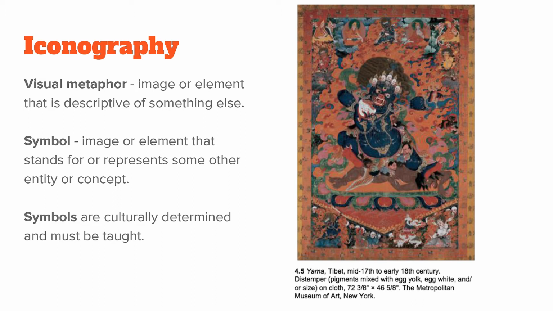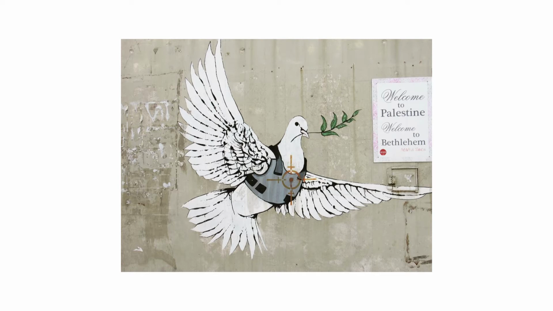Thinking back to last week, if you recall that graffiti painting on the side of a wall done by Banksy in Palestine, the idea of a dove is just not something that was chosen because it's just a bird. If you are familiar with biblical stories, a dove is a symbol of peace.